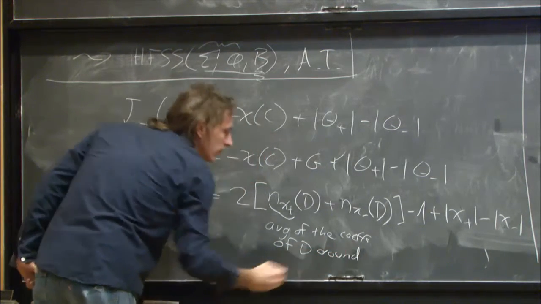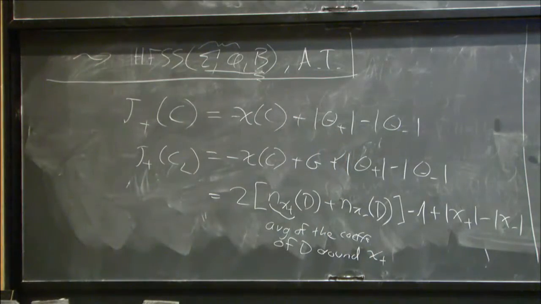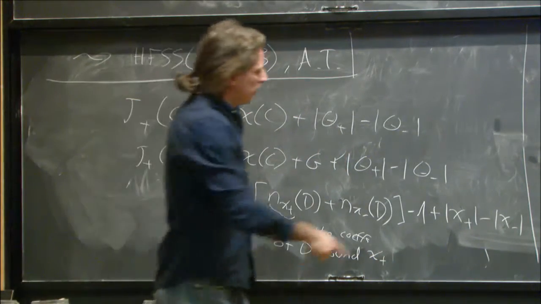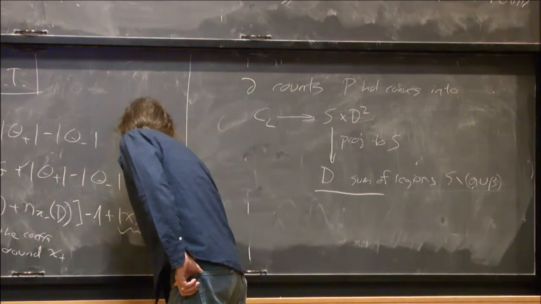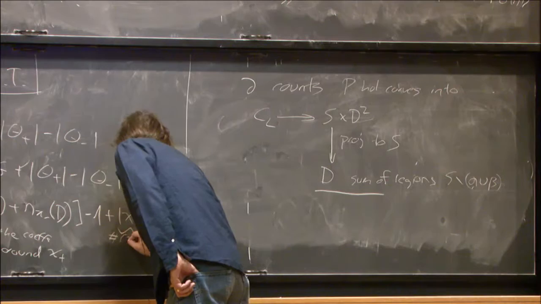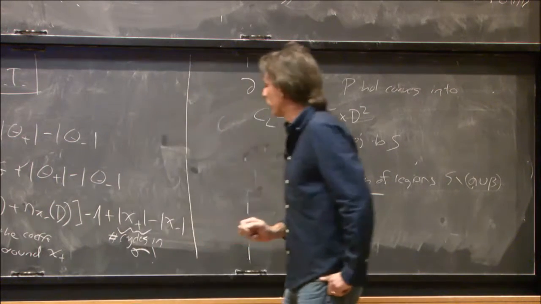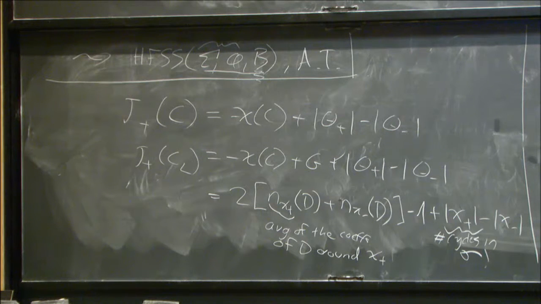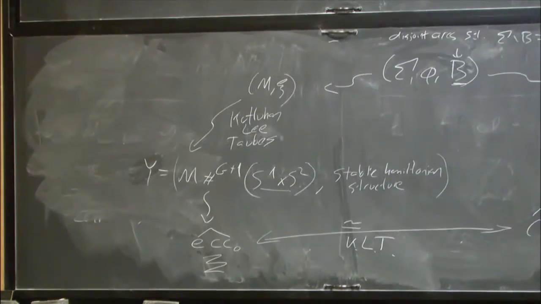I'll do an example in a minute. And similarly for x minus. And this notation over here just means we're looking at the number of cycles in sigma, the permutation that was used, that is determined by the indices of the intersections. And so it's a nice, easily understood formula.